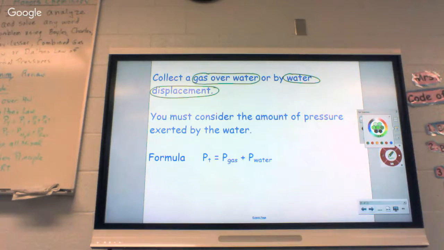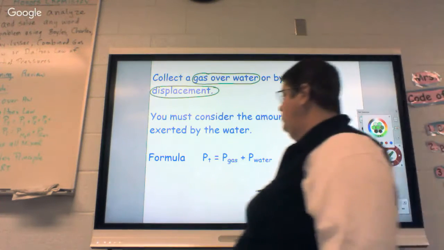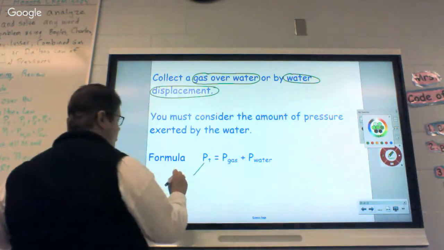Because of that, you have to calculate the amount of pressure exerted by the water. Water actually exerts a pressure on the gas. So, the formula we use is P total, which we just calculated. So this is still pressure total.